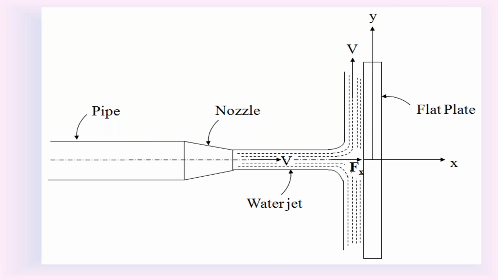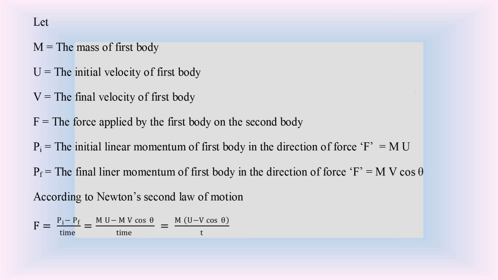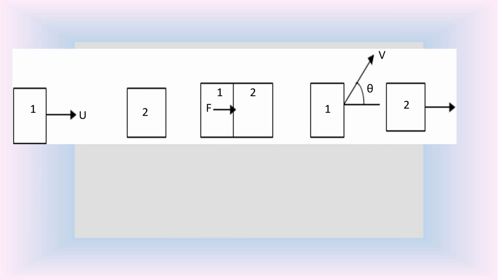For that purpose only, I discussed this diagram first. In this diagram, one is the water jet, two is the flat plate. After hitting, this velocity v is in the vertical direction. So with the horizontal, velocity v makes an angle of 90 degrees. Force is horizontal, Fx.